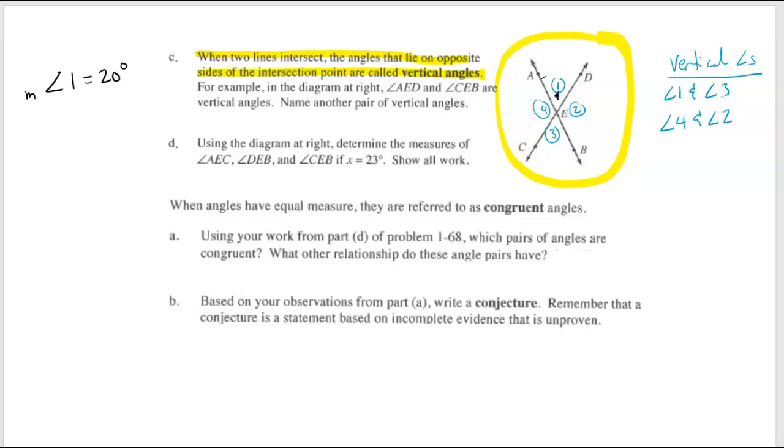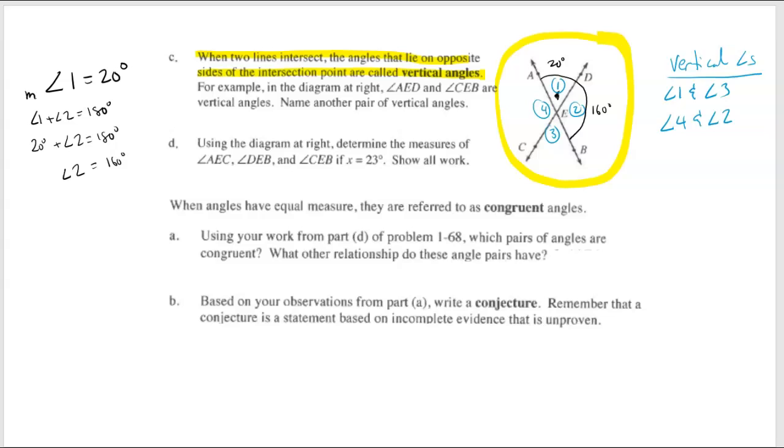I know that 1 and 2 are on the same line, so angle 1 plus angle 2 should equal 180. I now know that that's 20 degrees, so I can subtract, and this will give me 160. So I have a measurement of angle 2. Again, this is 20 degrees now. This is 160. Okay, and I can continue to do this.